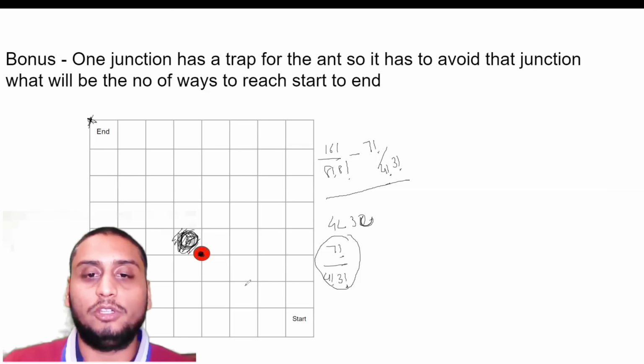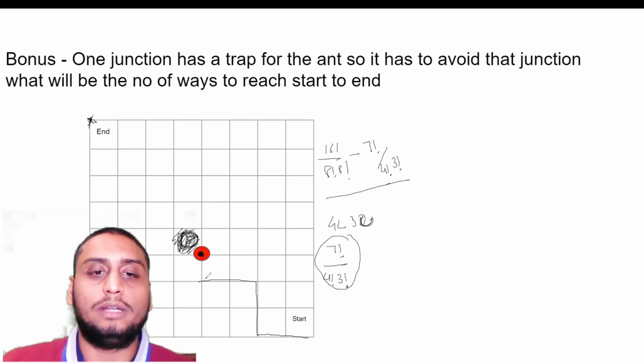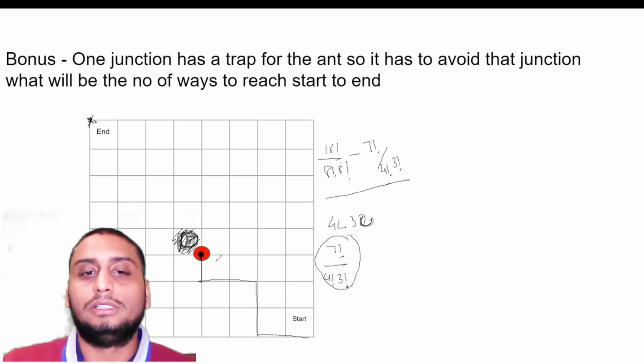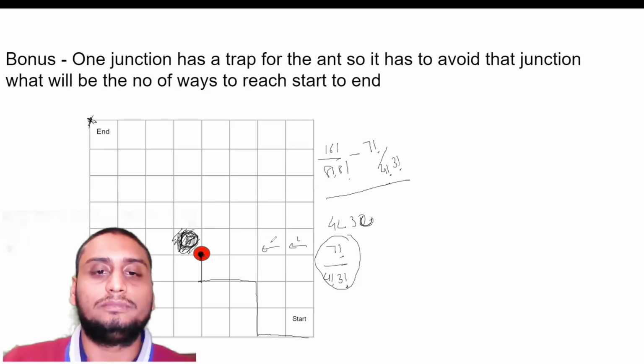But some of your paths would follow this route where you are passing through this red zone. So you cannot pass through this red zone. So you see how many ways are possible to reach your red zone. So the red zone is your 4 steps to the left and 3 steps up. This is your red zone.